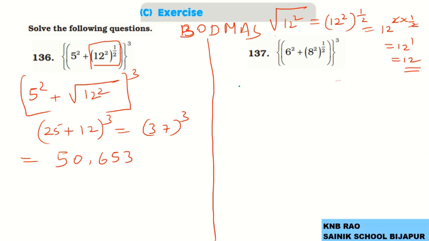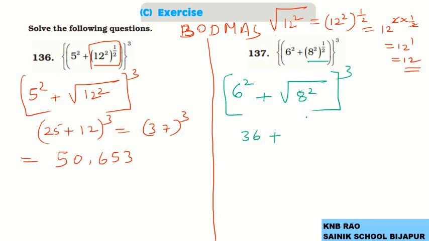Next, in this case the same thing is done here. 6 square and 8 square whole power half is nothing but root under 8 square, and their sum is getting cubed. 6 square is 36 and root under 8 square is 8, and their sum is 44, getting cubed.